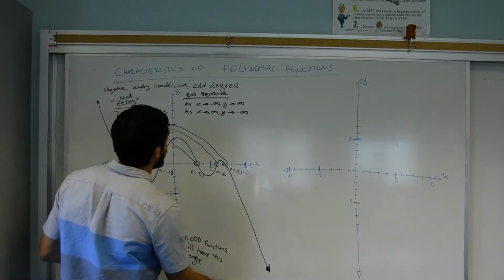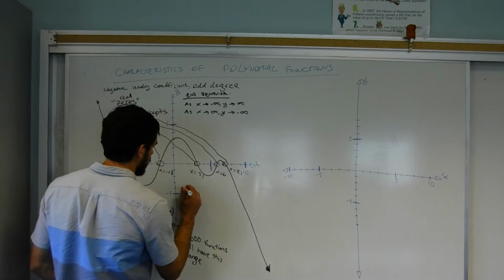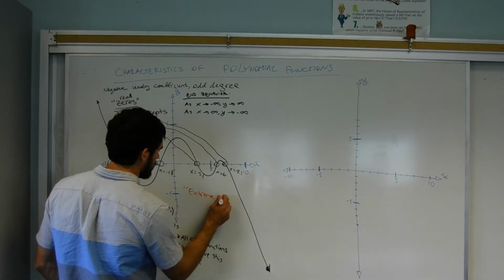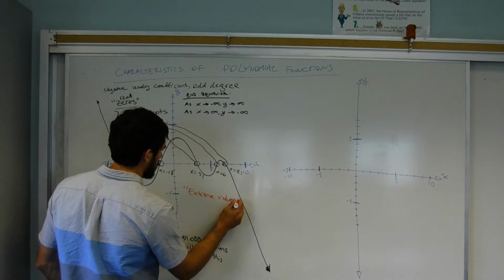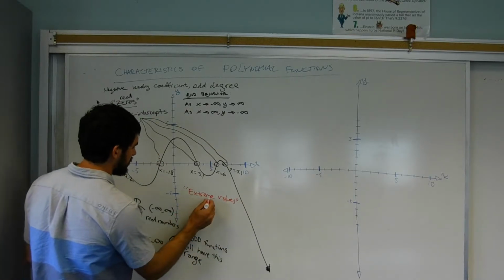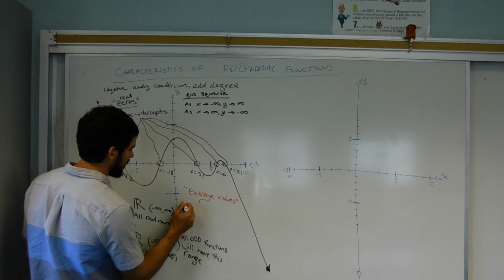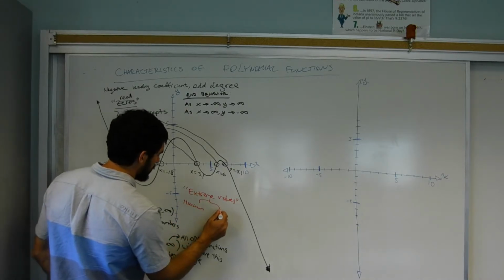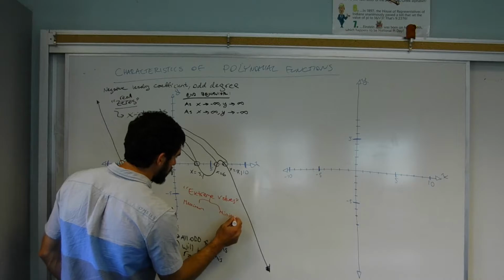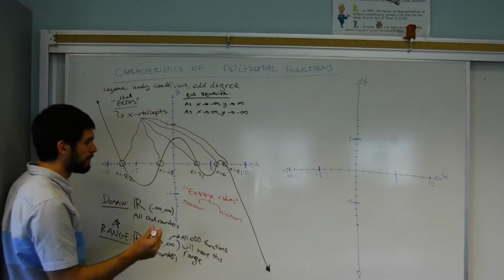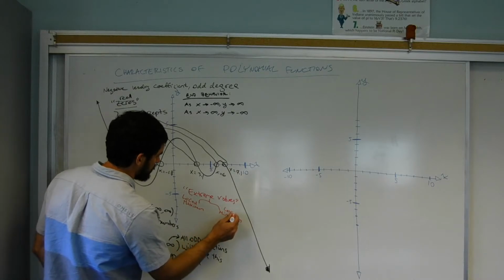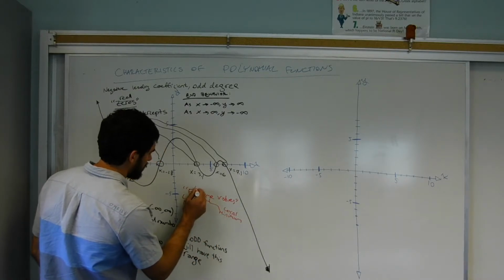Additionally, we have what we call extreme values. Extreme values is just a fancy way of saying either a maximum or a minimum. And in polynomial functions, we refer to these as local maxima and local minimums.